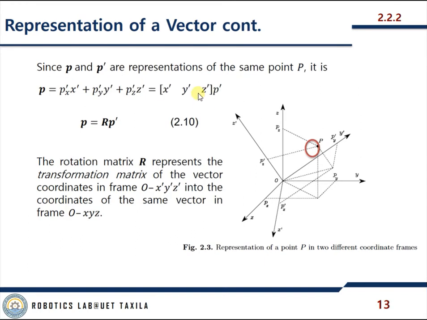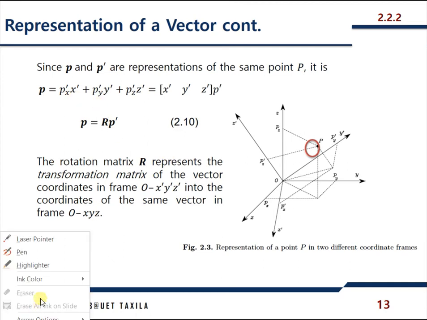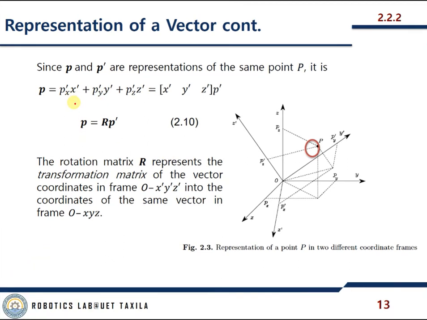Since P and P bar are representations of the same point P, we can present this P as px bar, py bar, pz bar times x bar, y bar, z bar. I'm sorry, these are the unit vectors, x bar, y bar, z bar. You can put things like that.